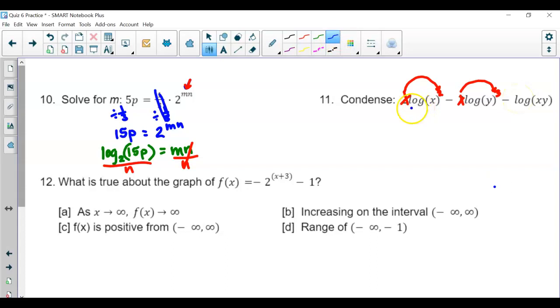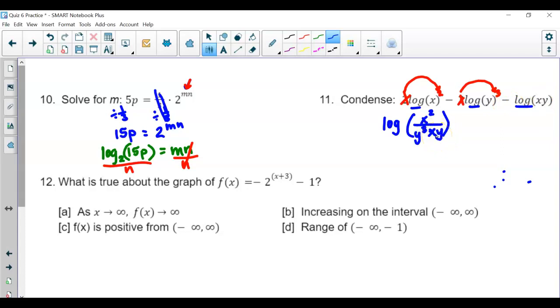Now we can write this as 1 log. Now I notice subtraction, which I remember means division. So I'm going to go ahead and set this up. Here, see how x squared is positive, so x squared needs to go up top. But y cubed is being subtracted, so that needs to go in the bottom. And xy is also being subtracted, so this also needs to go in the bottom as well.